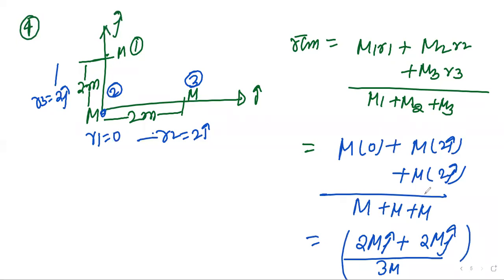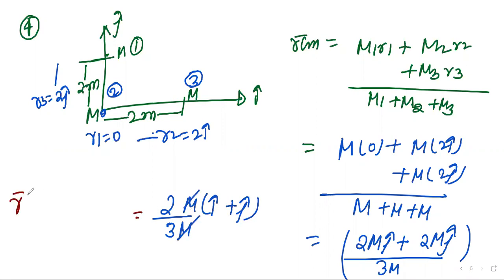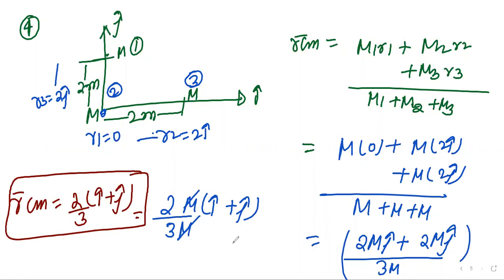Take 2 as common, so 2 by 3, and m is also common, so it is i plus j. The m and m get cancelled. Your resultant is r of cm equal to 2 by 3 into i plus j. This is the final answer.